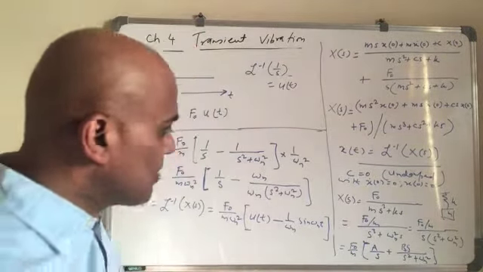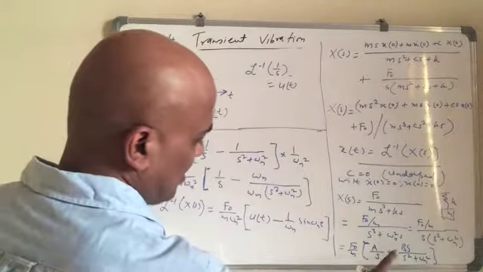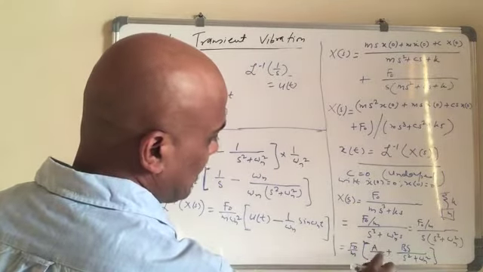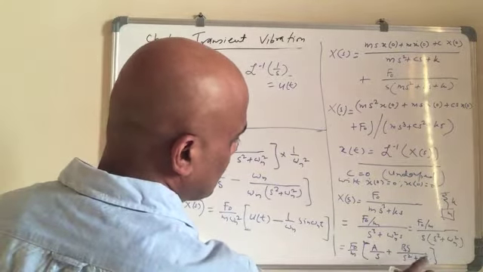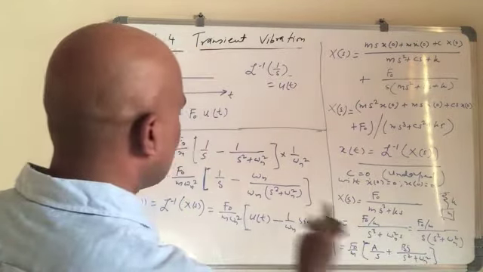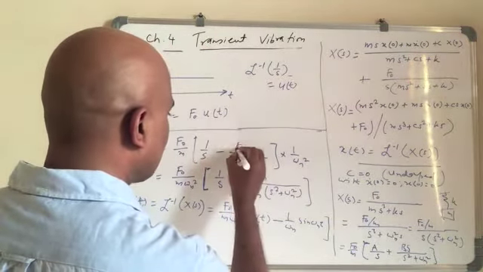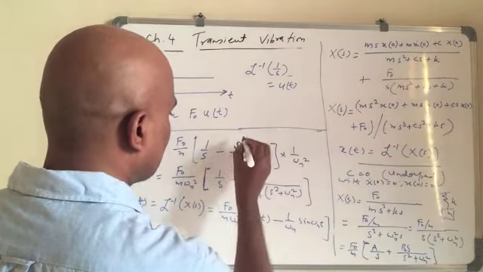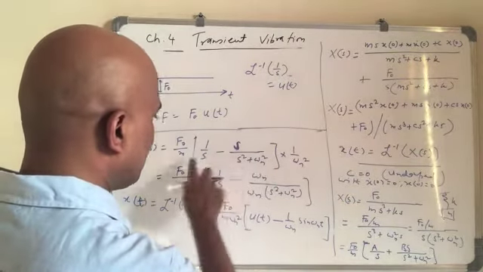So notice there is some error actually. If you factor it, it looks like a over s plus b s divided by s square plus omega n square. So we should have s here, not 1, so that we have s square here.